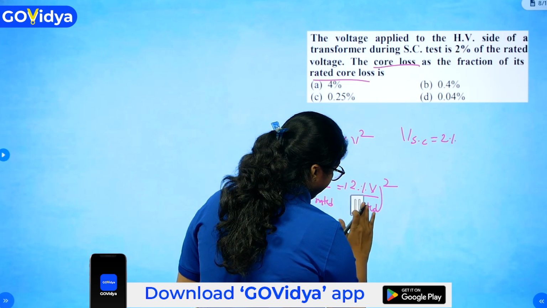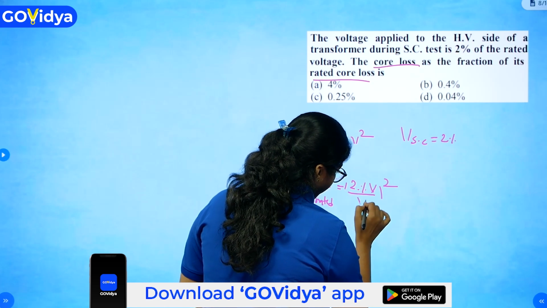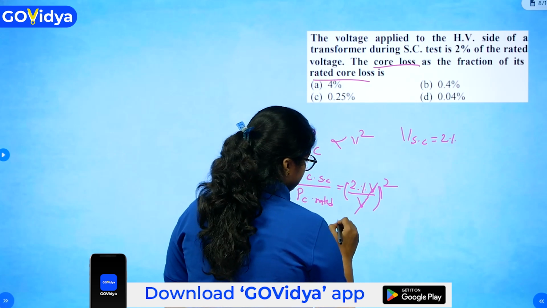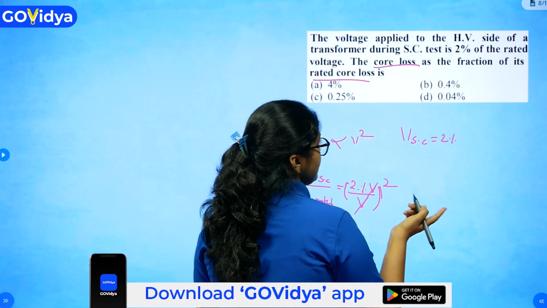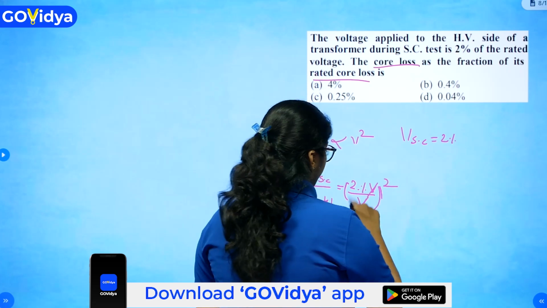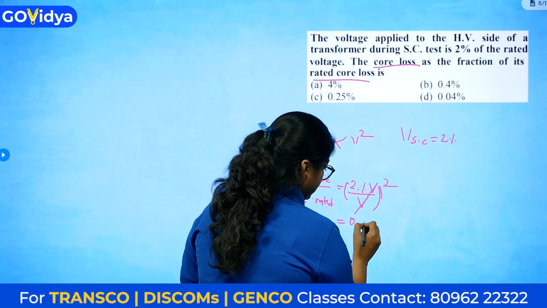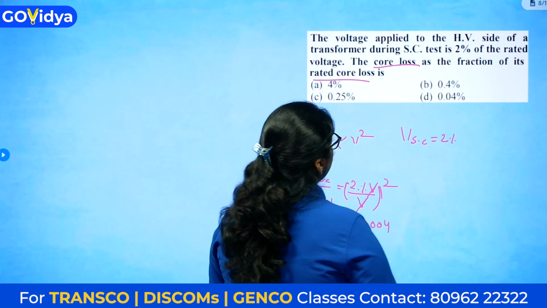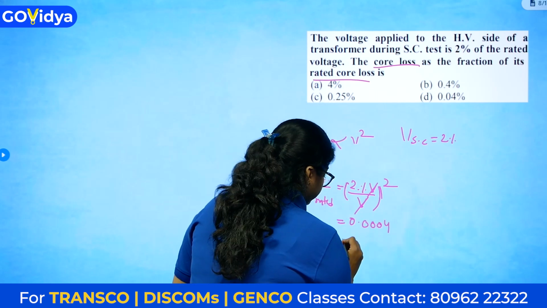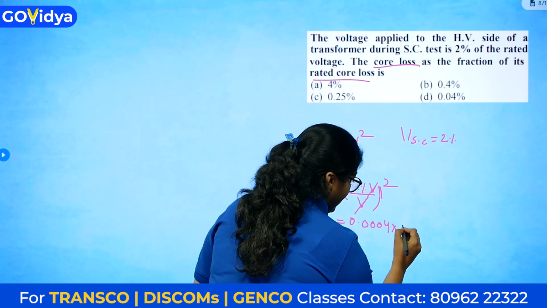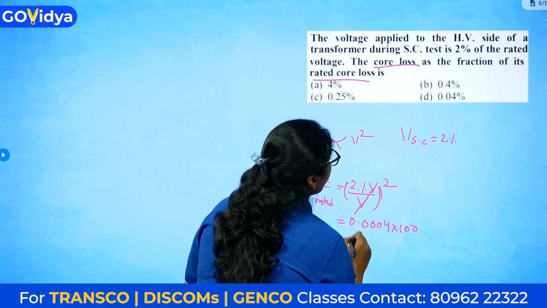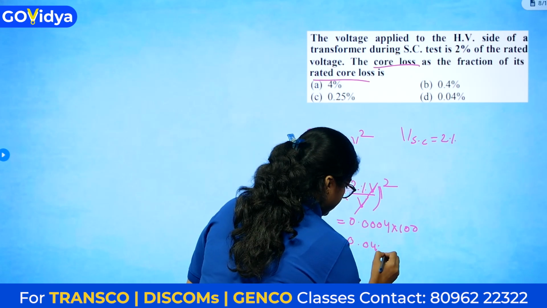V rated is V, so this V will get cancelled. 2% whole square means 4%, that is 0.0004. Now we have to calculate with respect to percent, so multiplying by 100 we get 0.04%.